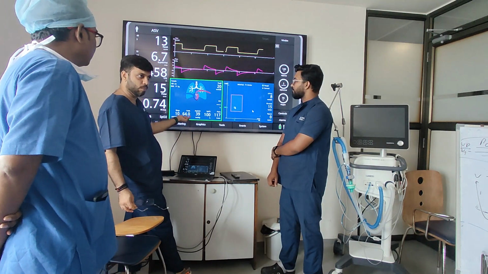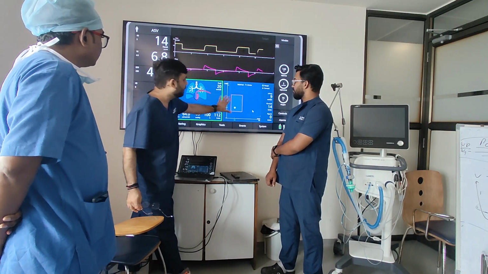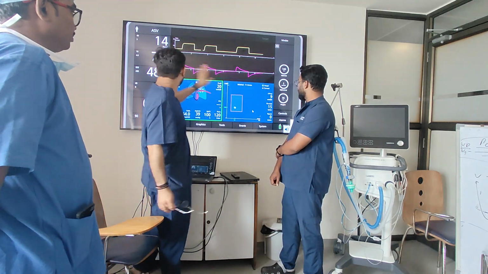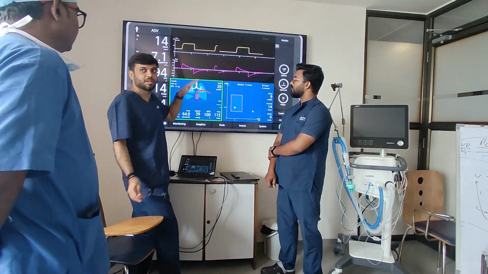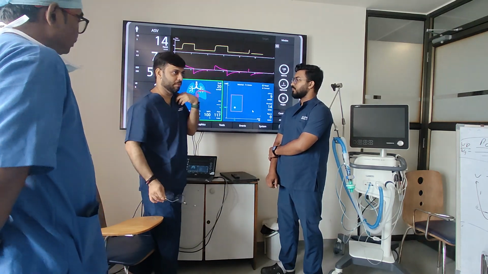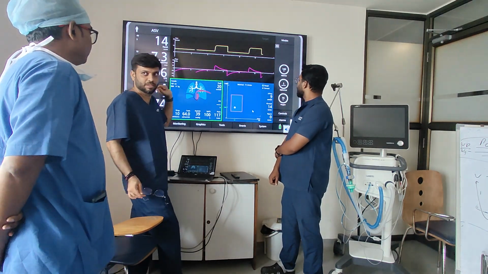My compliance is more or less normal, 64, very slightly high, my resistance is also fine, and my safety box is also okay. It is generating a pressure of almost 9 to achieve this good volume, because she was a female and the height is 180 cm, which is a good height for a female. So it is generating that much volume as per the minute volume.